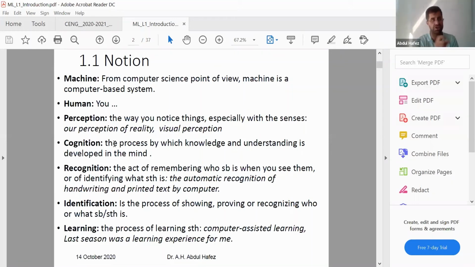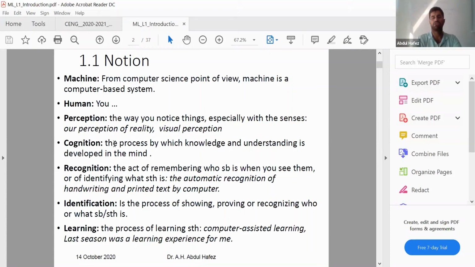Usually in English, re is used to express an action for the second time, for next time. So recognition is repeating the cognition process. I already learned about something as a cognition process. Learning again about this, noticing it again, observing it again, is recognition, recognizing it again.